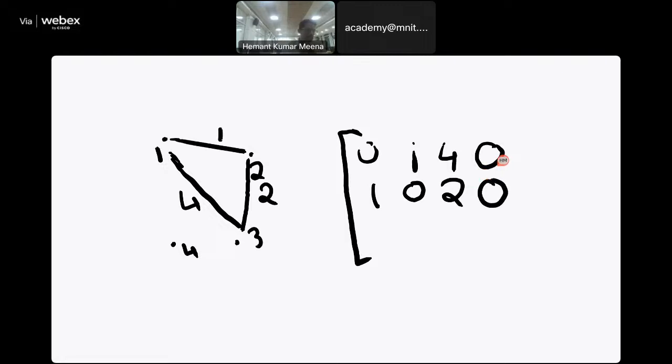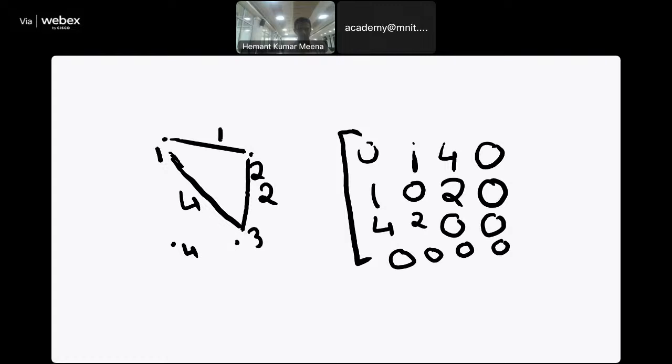So this way people are reaching, right? Yes, Suman has mentioned correctly. It is 4. Third is connected to first one, 4, then 2, then 0. Fourth is basically not connected to anyone, so it is 0, 0, 0, 0.